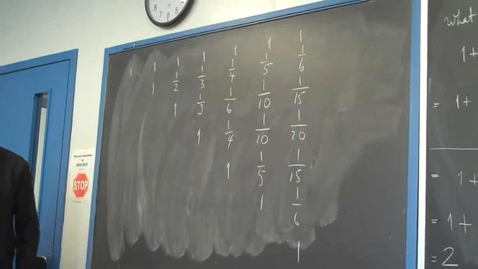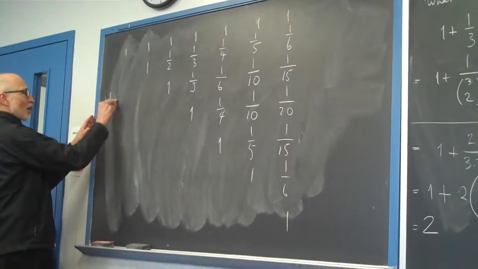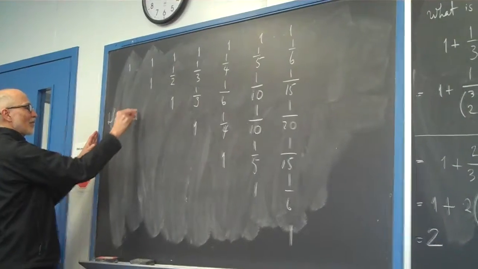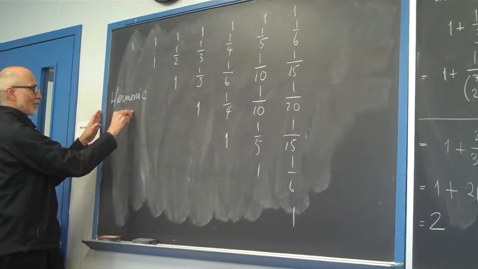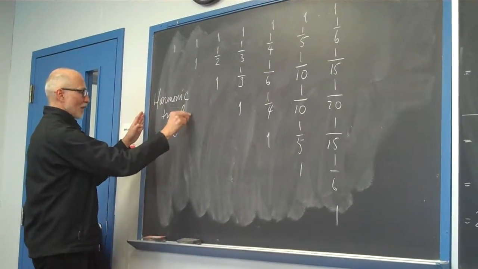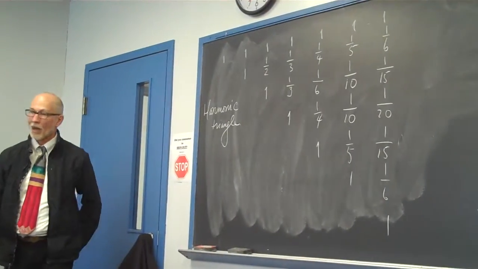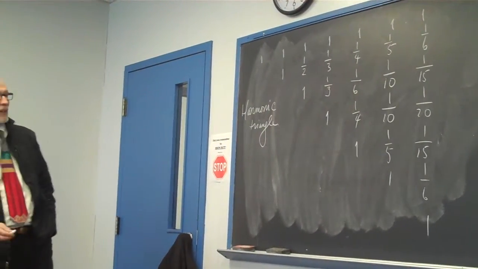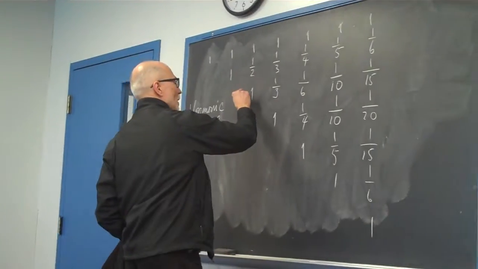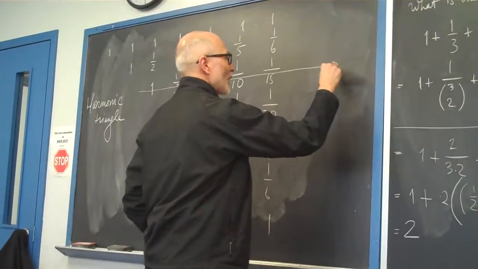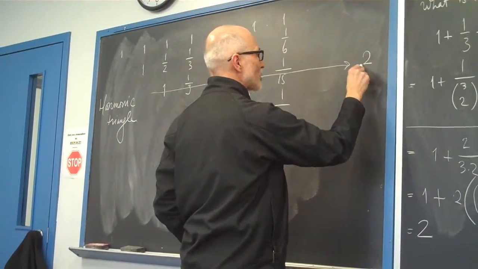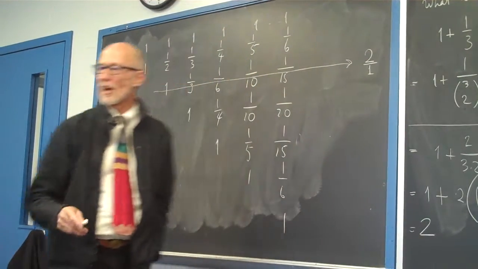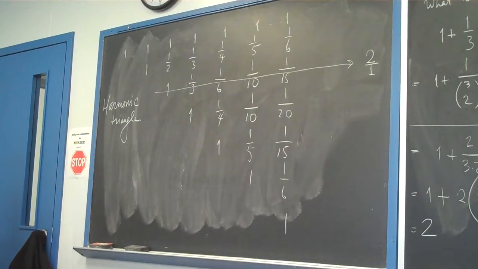So this is Leibniz's harmonic triangle, which he talked about, and well, if you add these up, you get 2. Actually, you get 2 over 1, as is how he would like to put it.